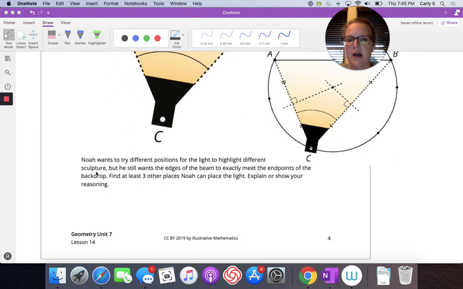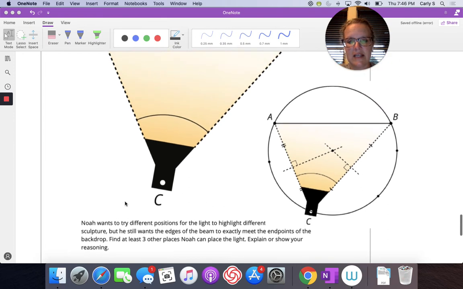Noah wants to try different positions for the light to highlight different sculpture, but he still wants the edges of the beam to exactly meet the endpoints of the backdrop. Find at least 3 other places Noah can place the light. Explain or show your reasoning.